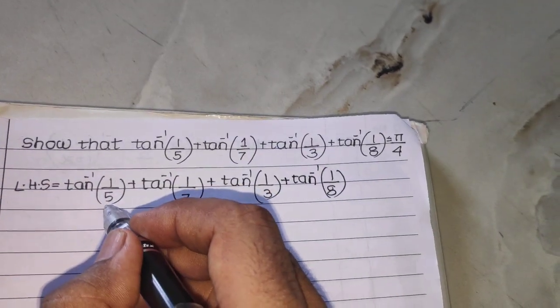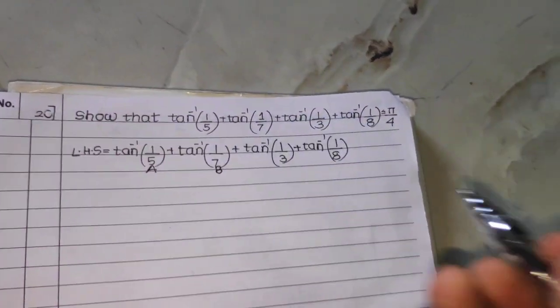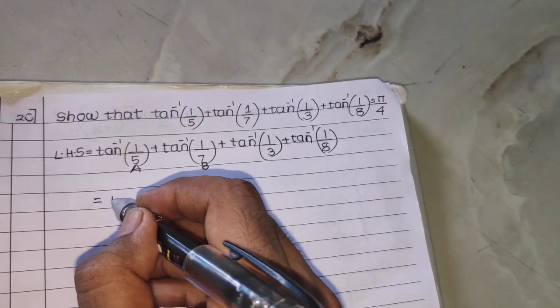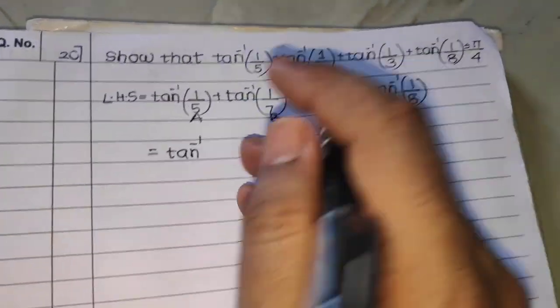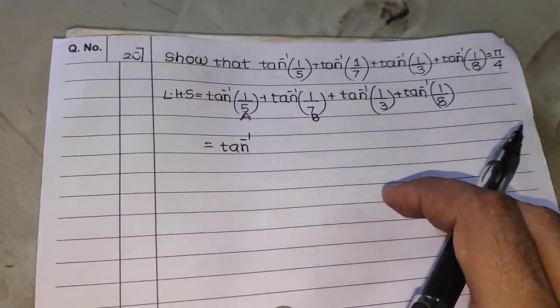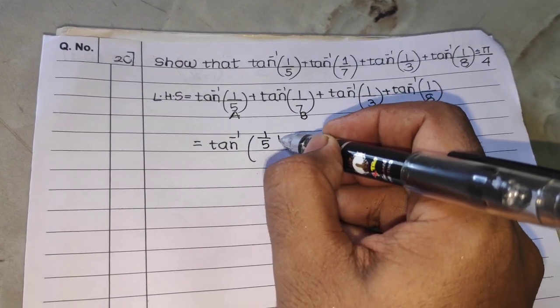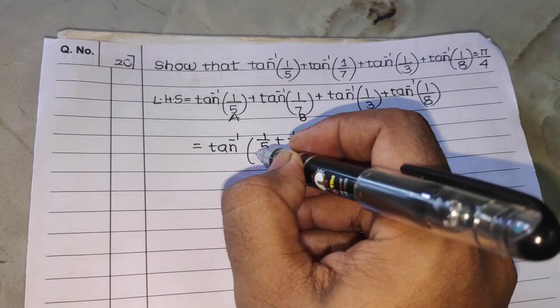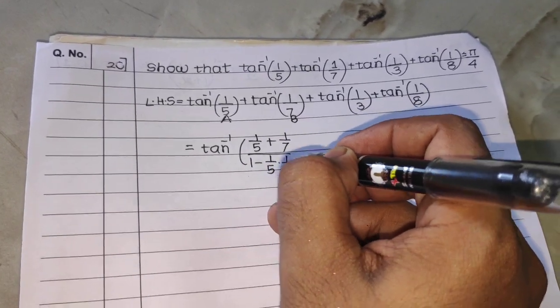So we can treat this as tan inverse of A and tan inverse of B, or tan inverse x plus tan inverse y type of formula. This will be a tan inverse of A plus B upon 1 minus A into B.